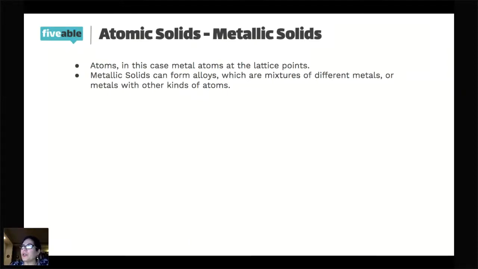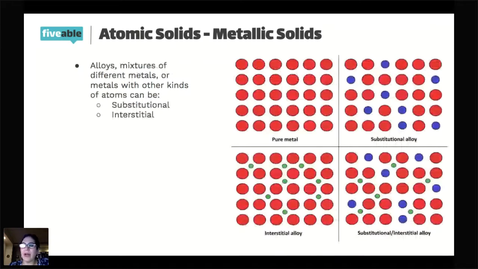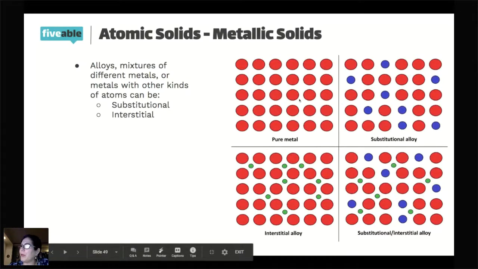Okay, so metallic solids can also form alloys. Alloys are mixtures of different metals, or metals with other kinds of atoms that are not necessarily metallic. We have different kinds of alloys. We have substitutional alloys or interstitial alloys. For example, here we have a pure metal.